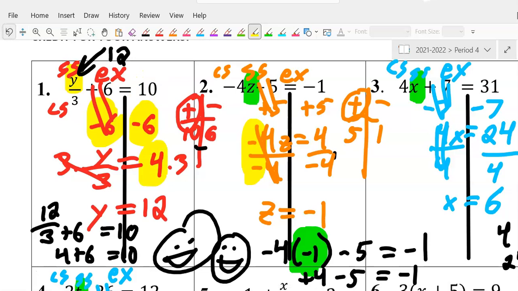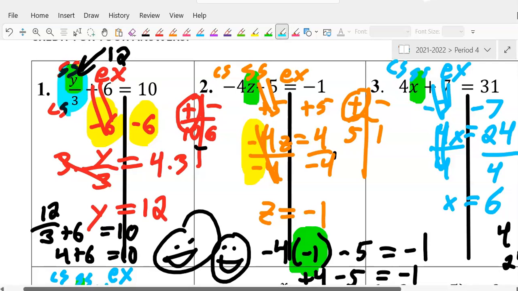Okay, good. Next? And then you gotta bring down the y over 3. Right, so this y over 3, it's important we know that that comes down here. Very important that you rewrite this so that I can see your second step. That seems to be a bad habit some students have.